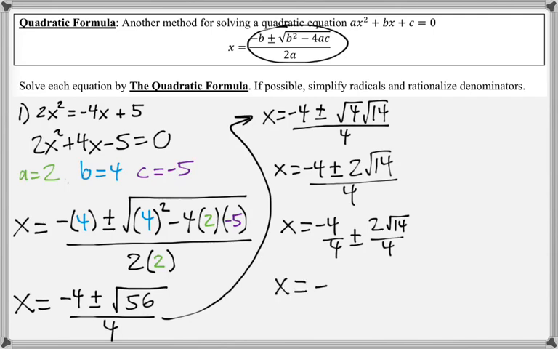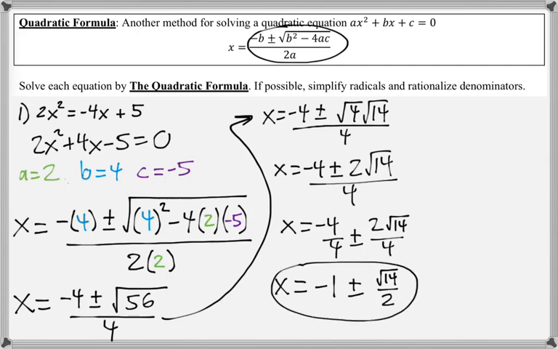So this will be -1 plus or minus. And then the 2 over 4, I can reduce that to 1 over 2. So this will be square root of 14 over 2. There is a 1 here, but it's implied, so you don't need to put it. So this would be my answer.